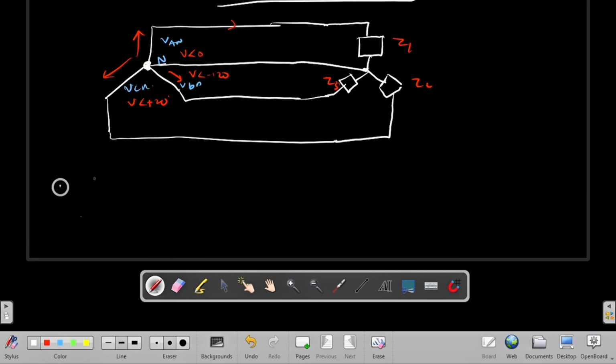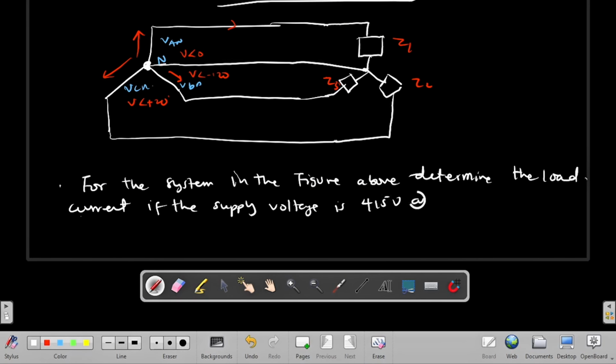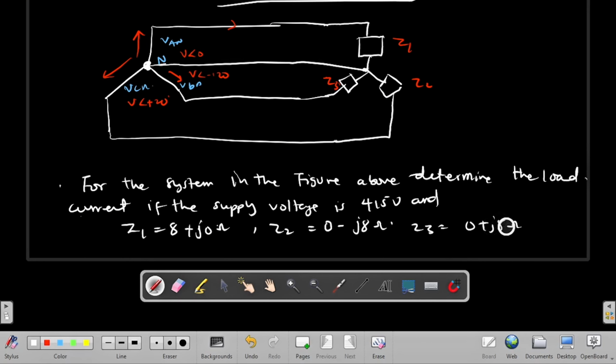For the system in the figure above, determine the load current if the supply voltage is 415 volts and Z1 is equal to 8 plus j0 ohms, Z2 is equal to 0 minus j8 ohms, and Z3 is equal to 0 plus j8 ohms.